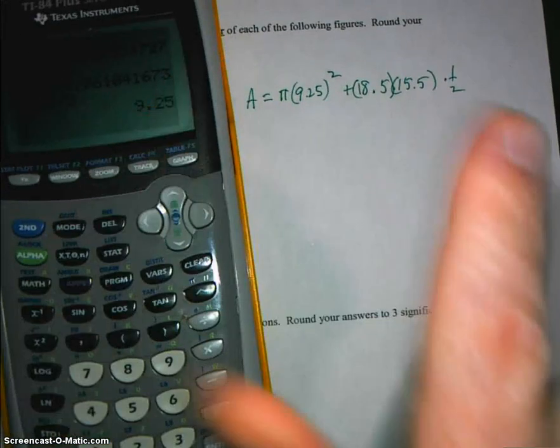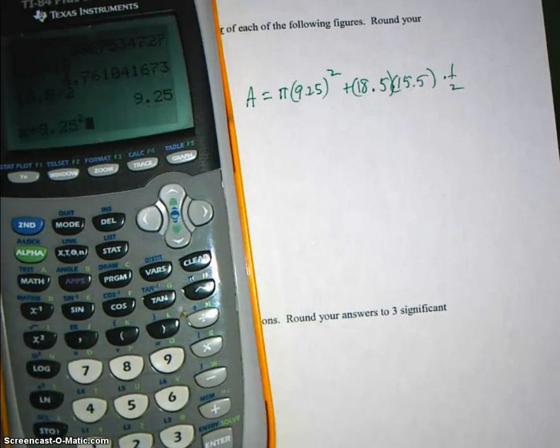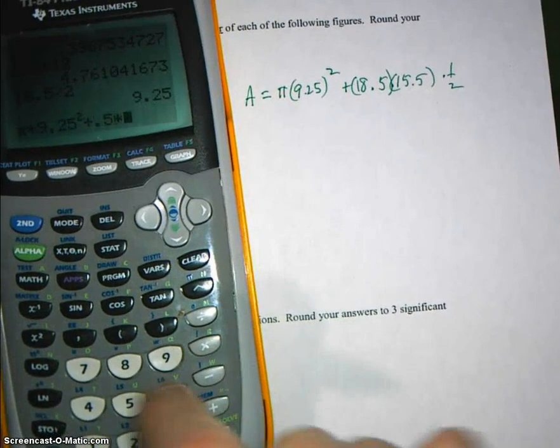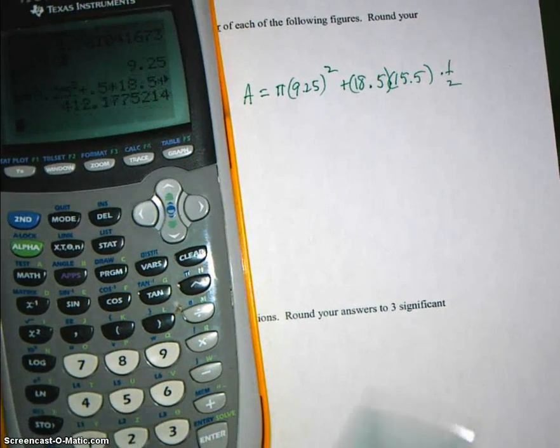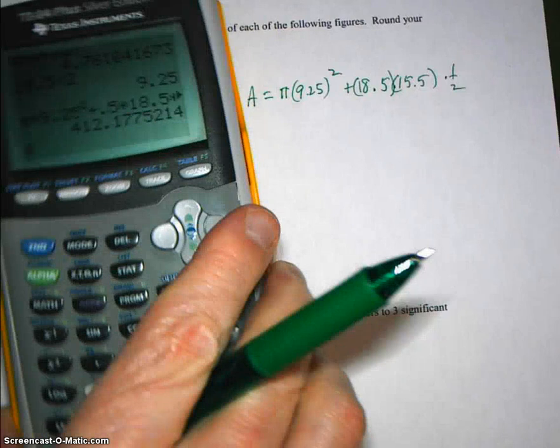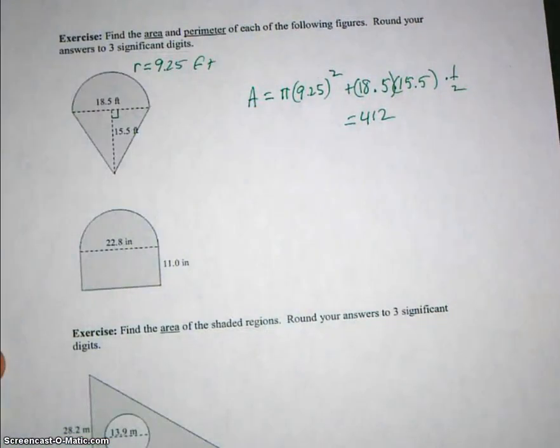All right, so we've got pi times 9.25 squared plus a half times 18.5 times 15.5. Rounding to 3 significant digits, we get 412 square feet.